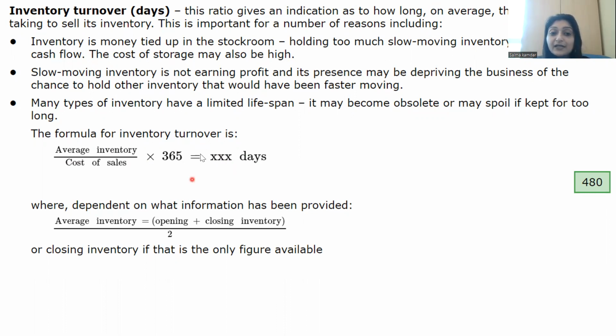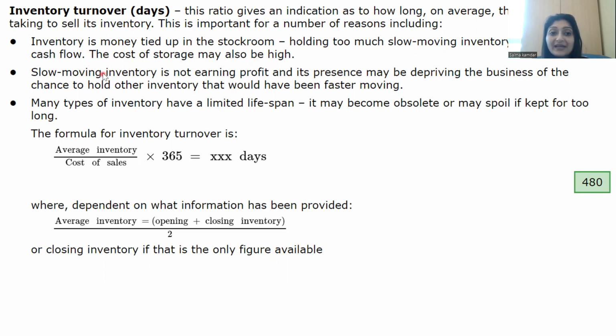If you take a lot of days to sell your inventory, it means too much money is tied up in your stock. If too much money is tied up in your stock, it is an indication that you are having slow moving inventory. This can harm your cash flow, and the cost of storage may also be high.